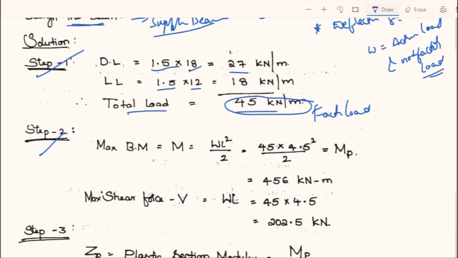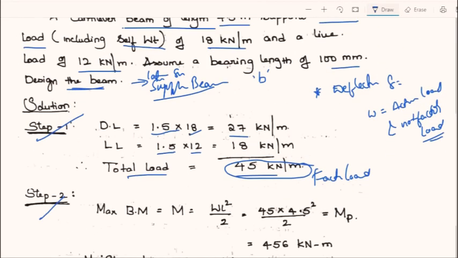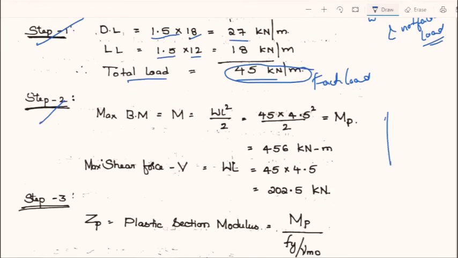This is a cantilever beam, right? How does it look? This is a steel cantilever beam, and the load acting on it is W, that is 45 kilonewton per meter. The length is L, which is equals to 4.5 meter.